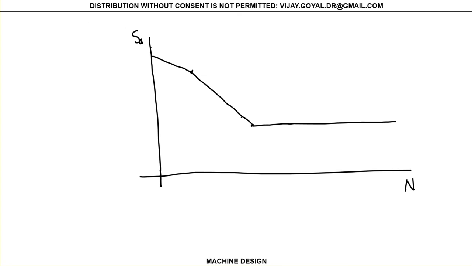Now, what I should also tell you is this is the typical approach, but many authors will just draw a straight line from here to here, and that would be a very conservative approach. Okay? This is conservative. Why is it conservative? Look at this.